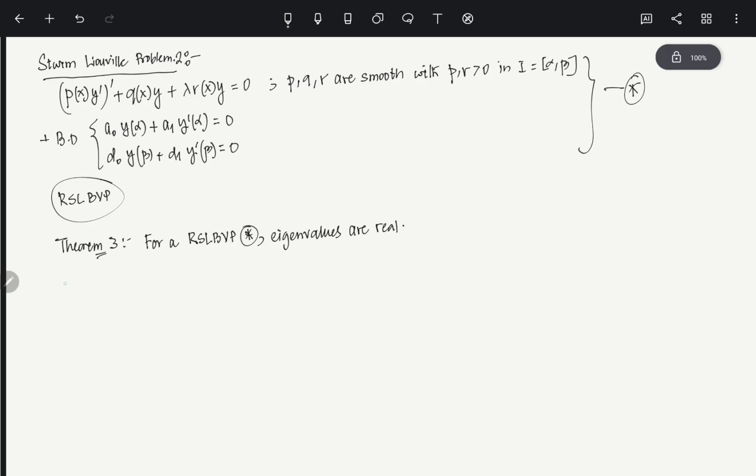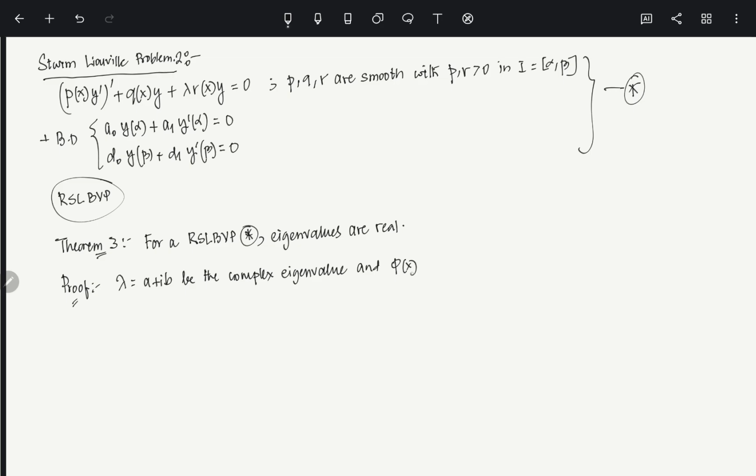So proof. If they are not real, let's start with complex eigenvalues. Let λ equals a plus ib be the complex eigenvalue of star, and what is the corresponding eigenfunction?